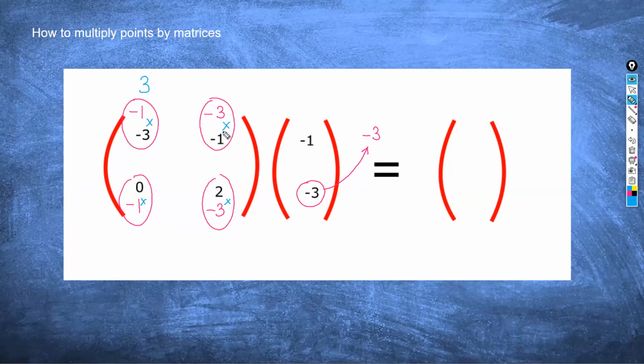Minus 3 multiplied by minus 1 is another positive 3 because we multiply. 0 multiplied by anything in the world is 0. 2 multiplied by minus 3, a positive multiplied by a negative is a negative. Right? Great.